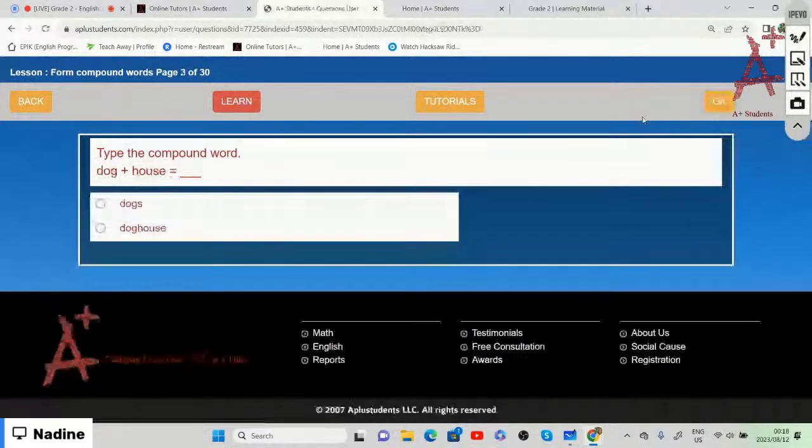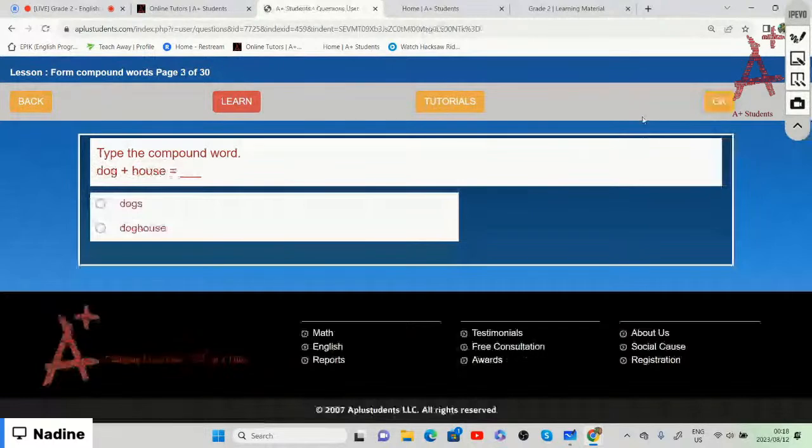Then we have dog plus house, right? So here we have our two smaller words, and we need to put these two words together in order to get our bigger word, which we call our compound word.